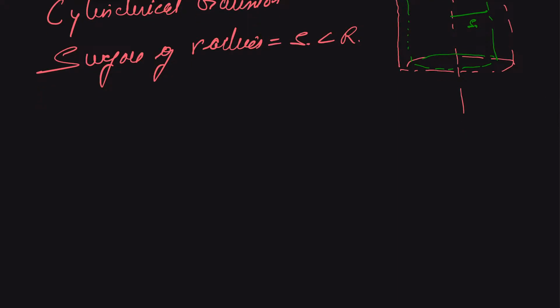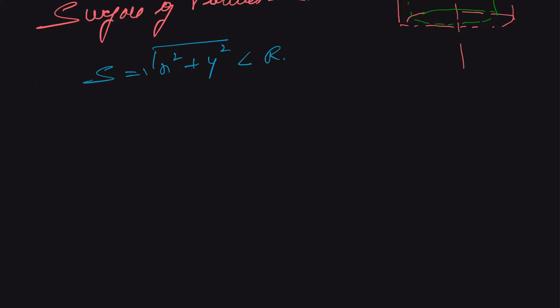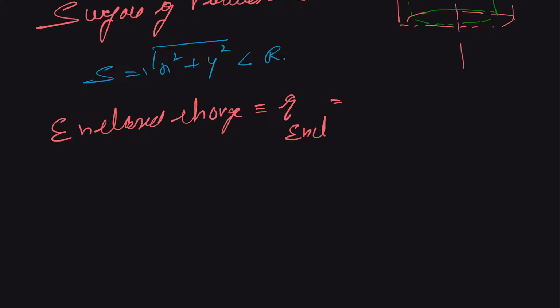And we can also write that s equals square root of x square plus y square, and that will also be less than R. Now we can easily find out the charge enclosed by this Gaussian surface. Our enclosed charge, Q enclosed, will be equal to the charge density rho 2 times pi s square, and let us suppose the length is capital L.